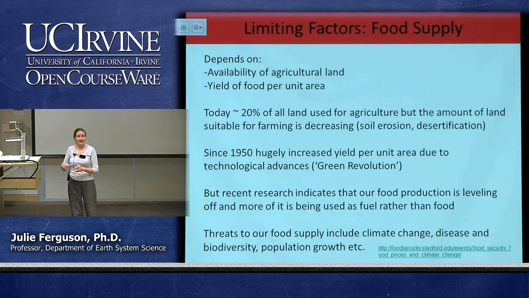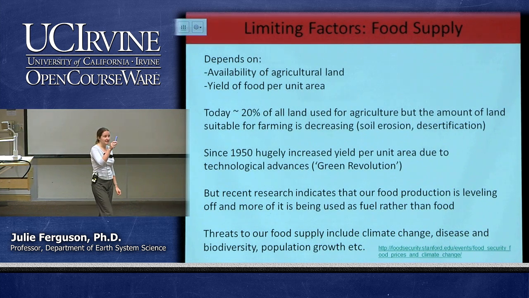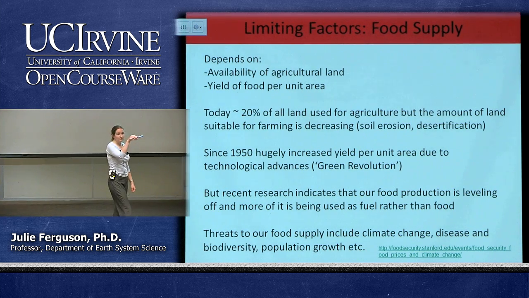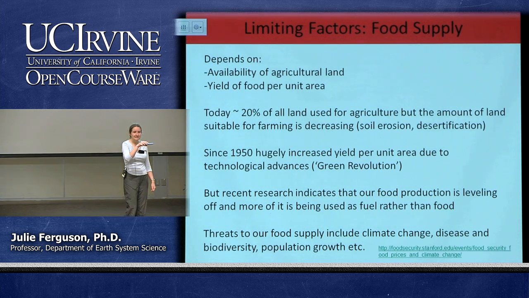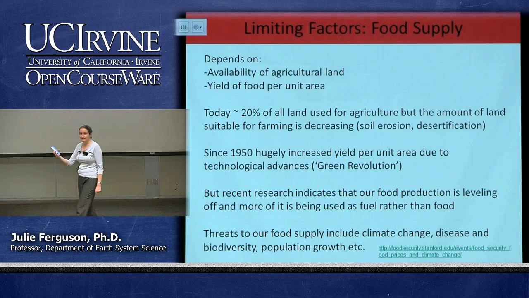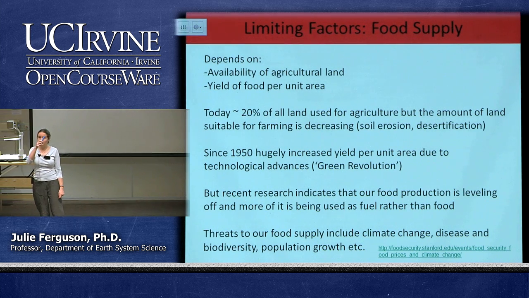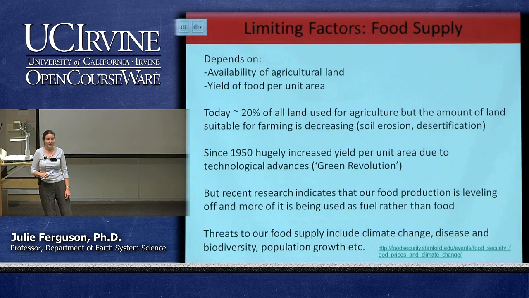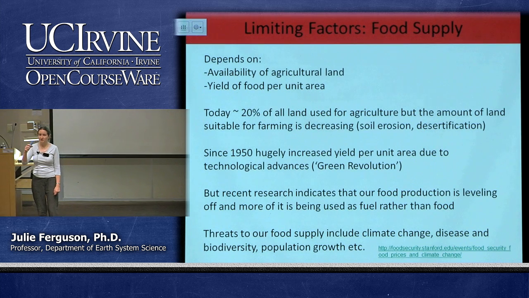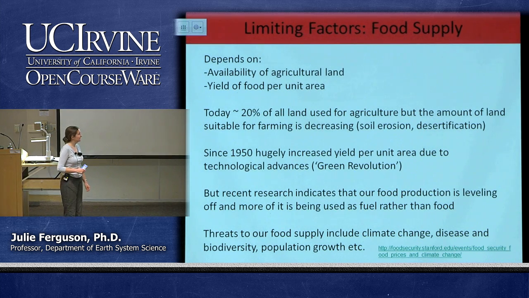But the problem is that enormous increase that we've been seeing is leveling off. And we don't really see any massively new, exciting technological advances in our future that will really help us sustain that increase. So we've seen our Green Revolution, it's leveling off at this point.